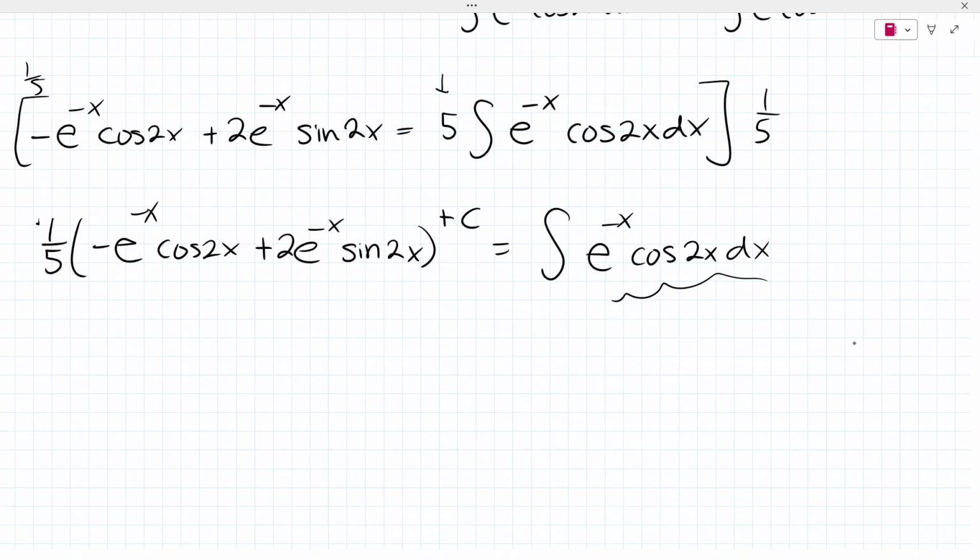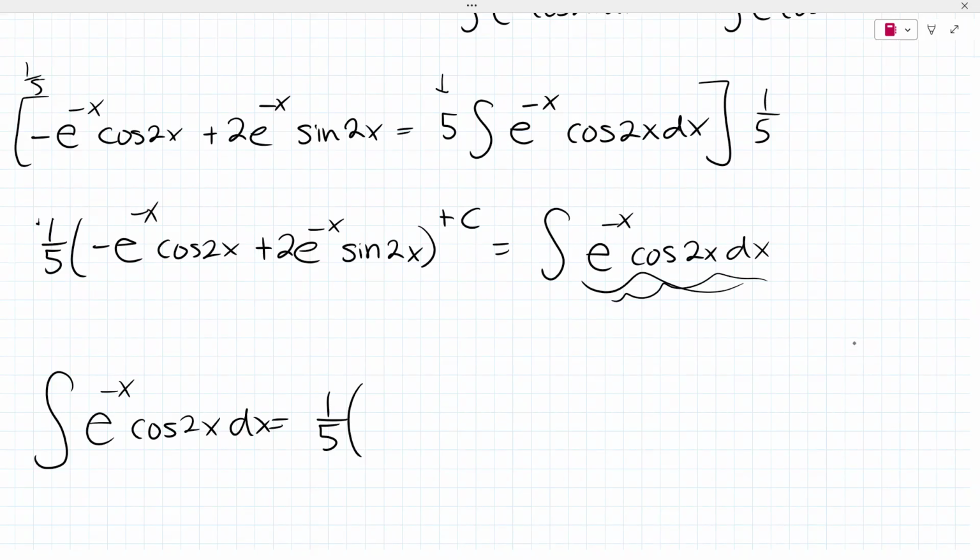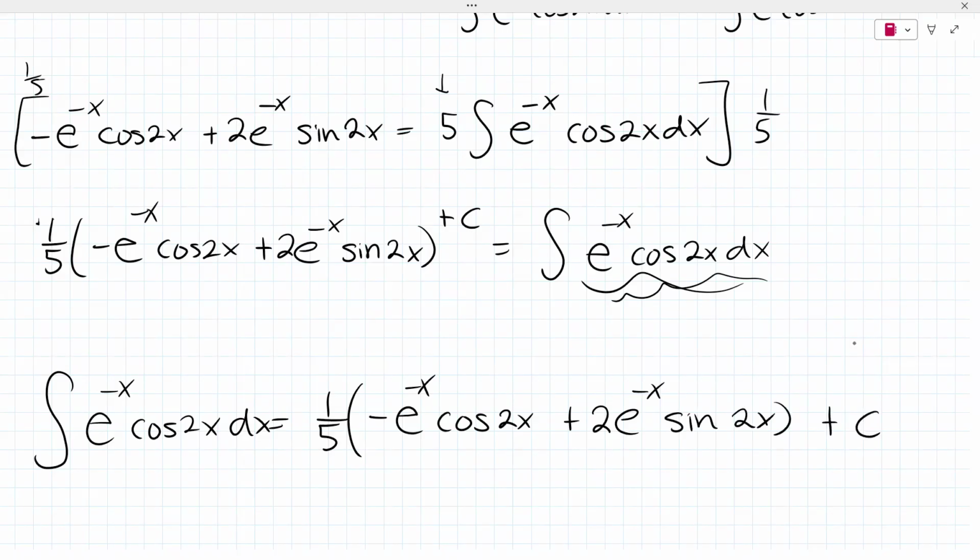So it's going to be the integration of e to the negative x cosine of 2x dx equals 1/5 of negative e to the negative x cosine of 2x plus 2e to the negative x. Okay, so this is your final answer.